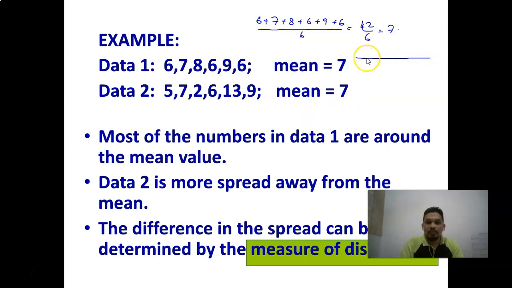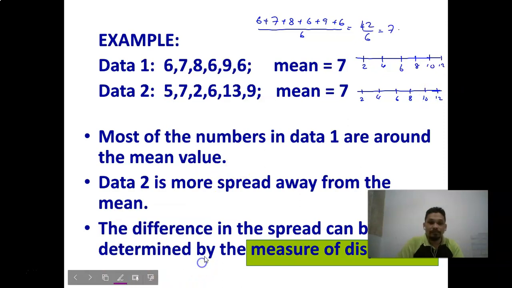So for the first data, if I use the purple ink for data number 1, we have 6, 7, 8, 6, 9, and 6.